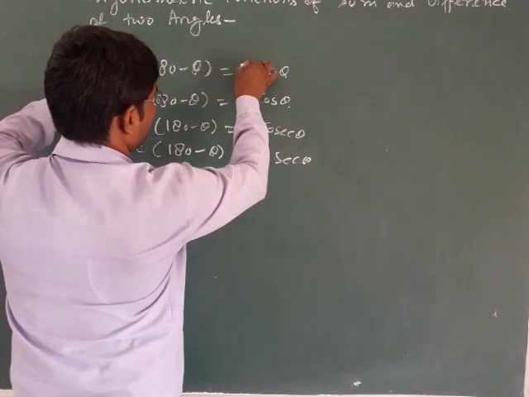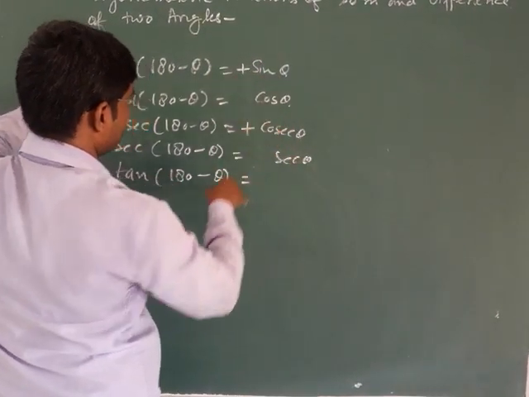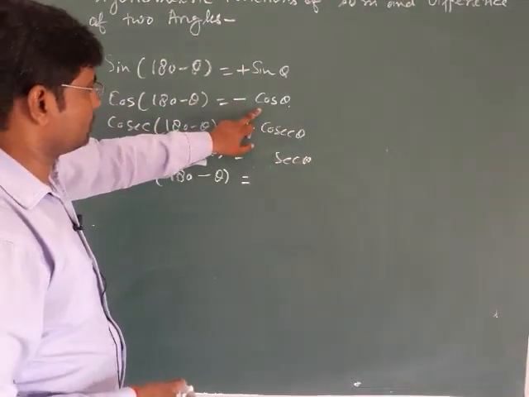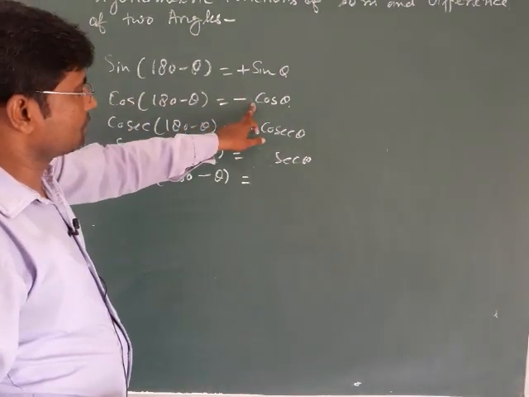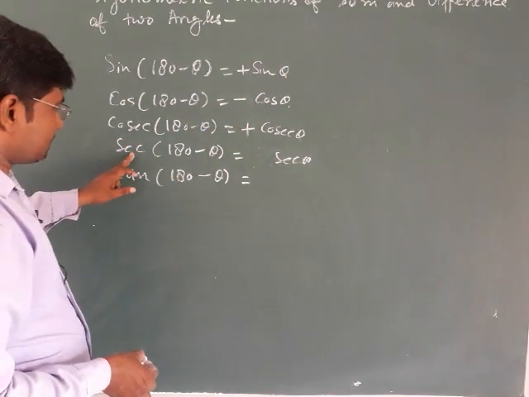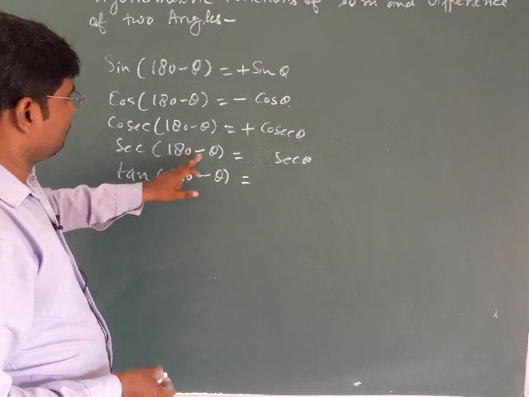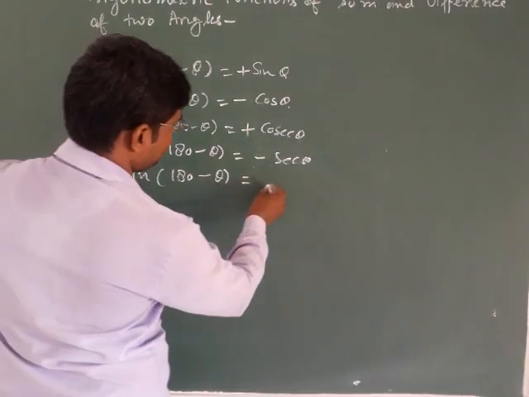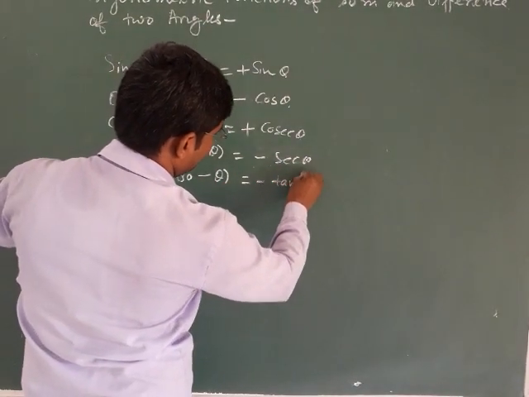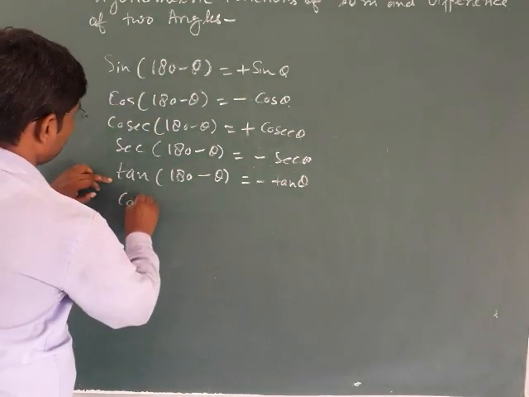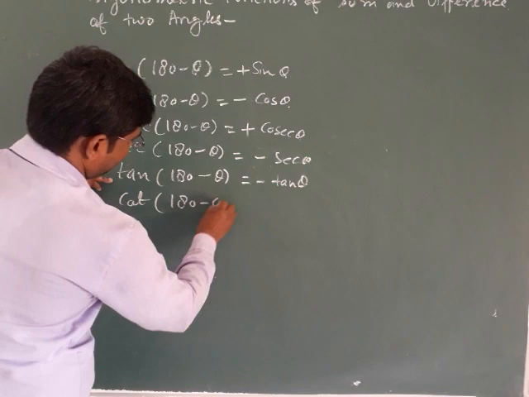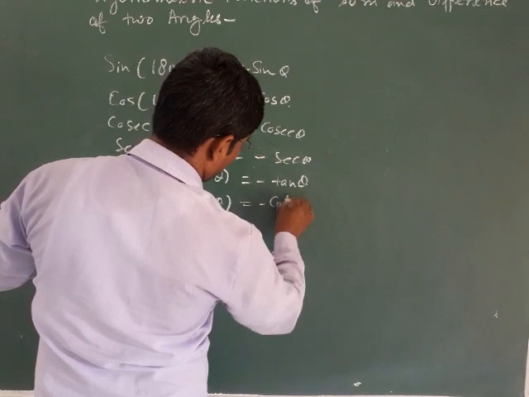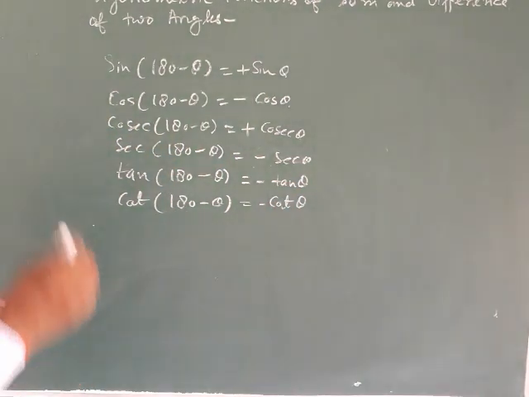So sin and cosec are positive and the remaining are negative. That is, cosec of 180 minus theta is cosec theta, cos of 180 minus theta is minus cos theta, and sec of 180 minus theta is minus sec theta. Tan of 180 minus theta is minus tan theta, and cot of 180 minus theta is equal to minus cot theta.